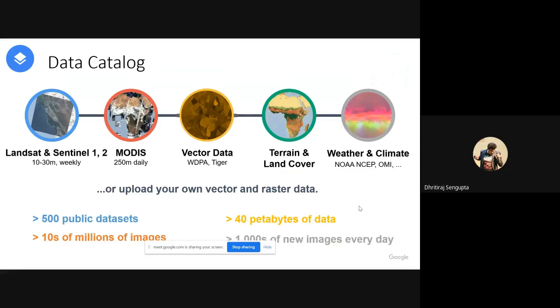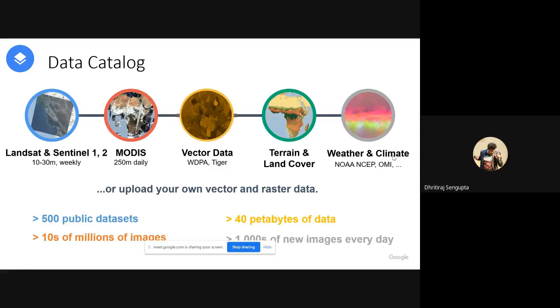These are public data sets. More than 500 public data sets are available and free to use, and they're uploading more every year. So you're looking at 10 to 30 meter weekly. You have MODIS, you have vector data, you have land cover data sets. We are looking at weather and climate, which are already available for us to freely use.